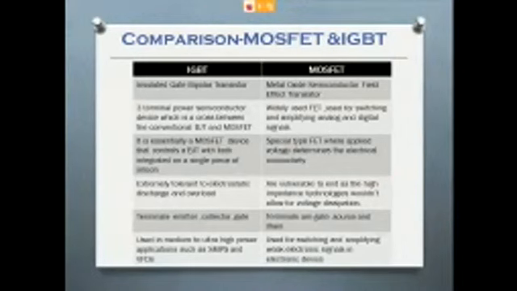It has an emitter, collector, and gate, and the MOSFET has a gate, source, and a drain. IGBT is used in minimum to ultra-high power applications such as SMPS and VFDs. And MOSFET, on the other hand, is used for switching and amplifying weak electronic signals in electrical devices like calculators and toys, which we have discussed in both its applications.